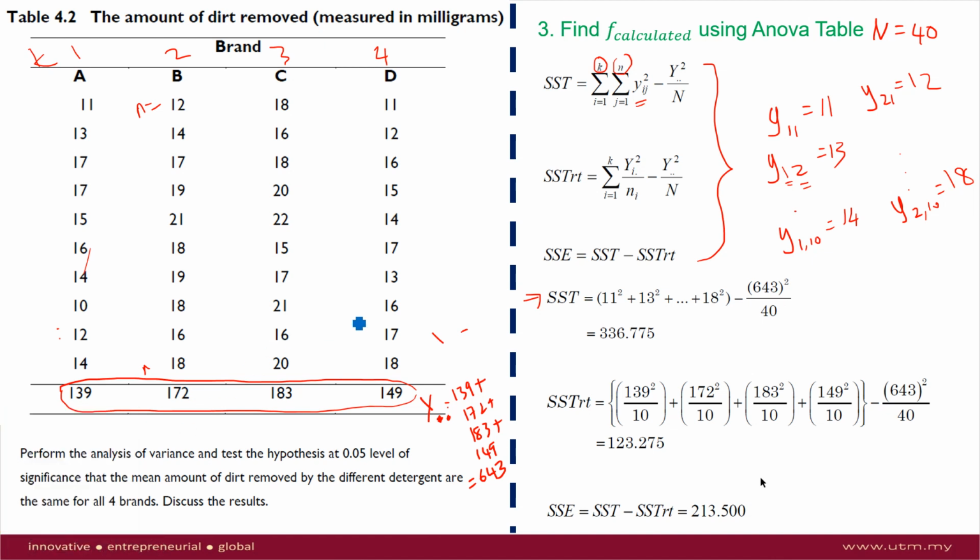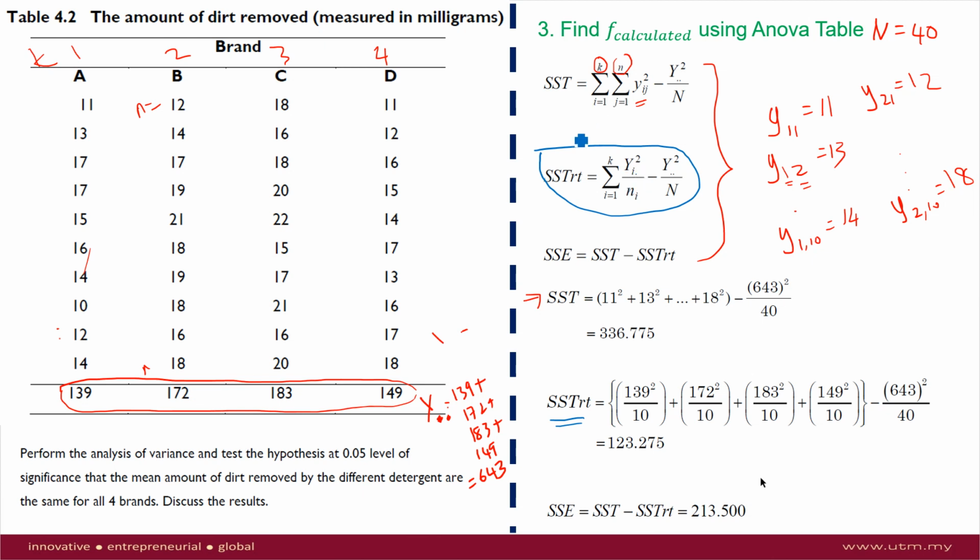Now, how about the value of your SS treatment, SSTRT? To find the value of SS treatment, you need to use this formula. So what does this mean? Big Yi means the total value of every level.